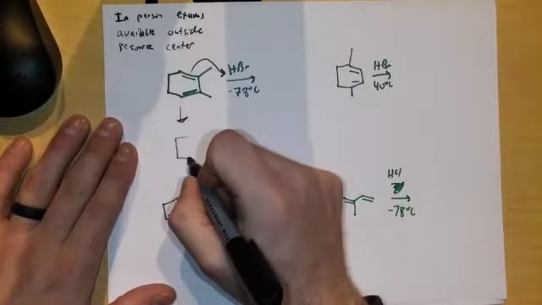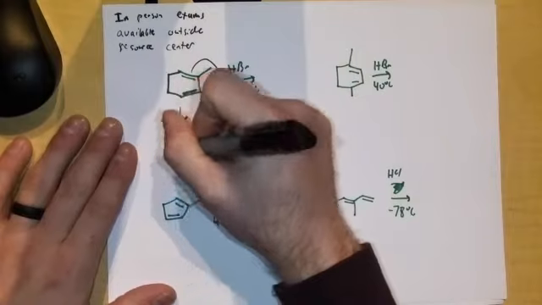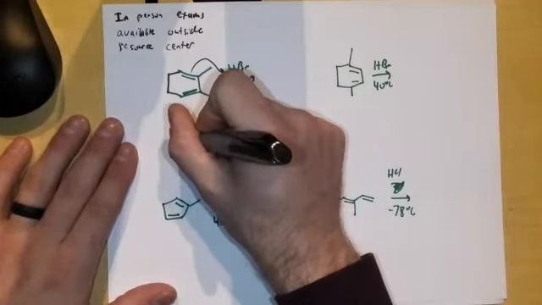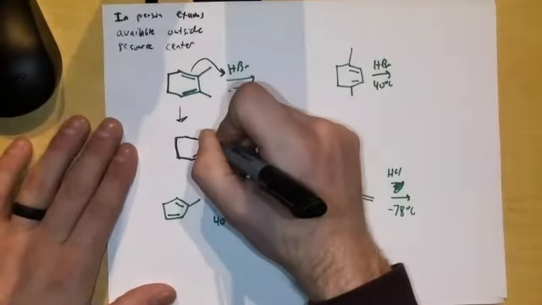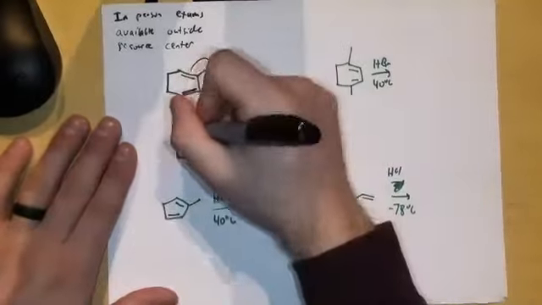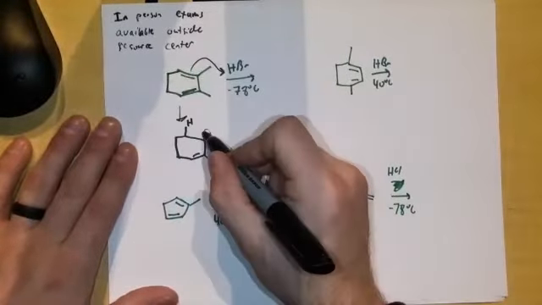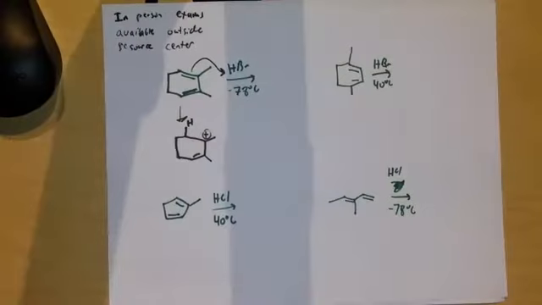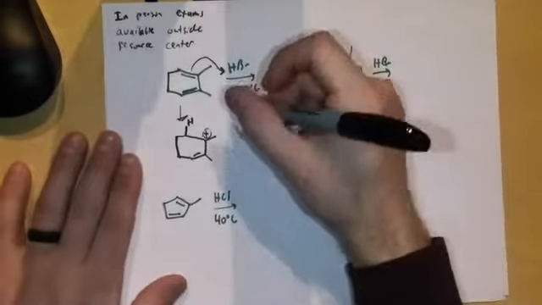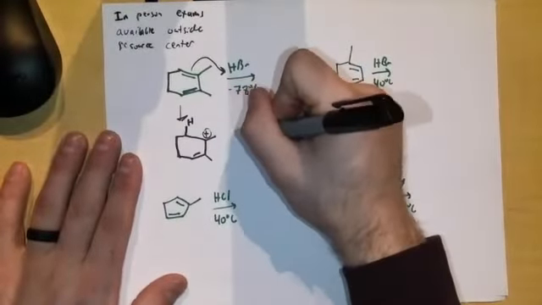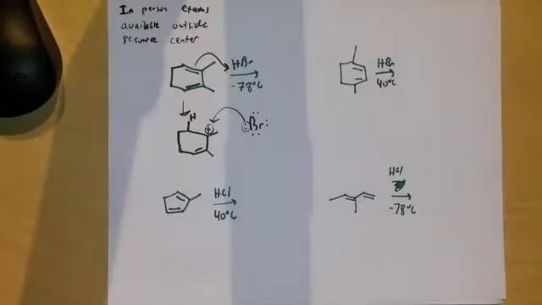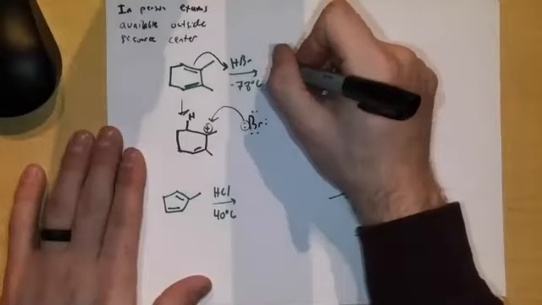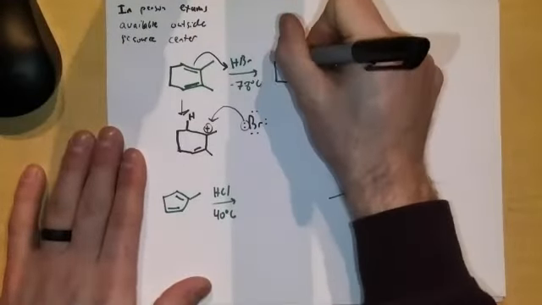This is going to give us a plus at this position, because that gives us resonance, and an H at this position. From here, we are at minus 78, so we don't really have resonance come into effect. So Br can just come in, do an attack, and we will get our 1-2 product.